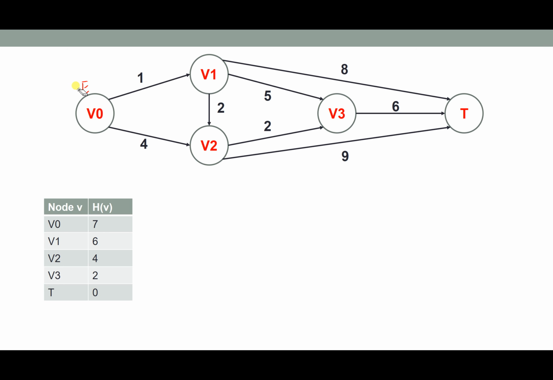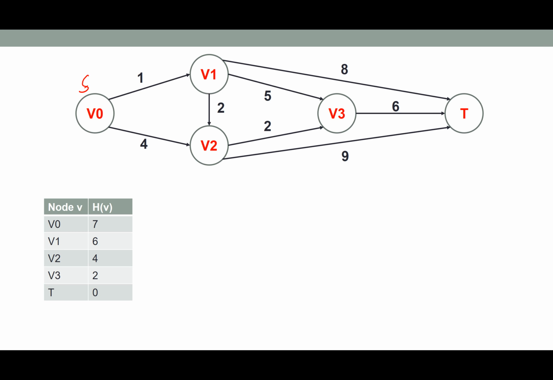We can assign a heuristic to each of these vertices. Supposedly our source is V0. This is our source. Our target is T. So we're trying to go from S to T. What is the shortest path that leads from S to T?